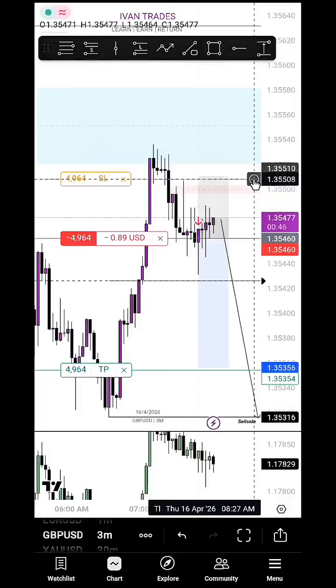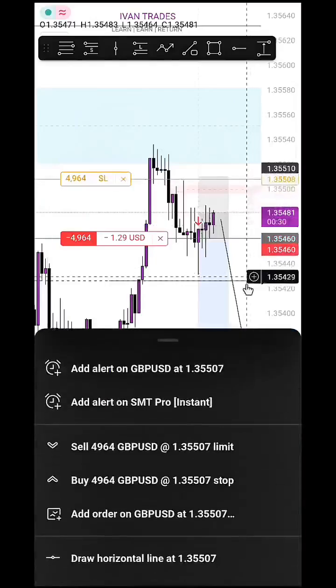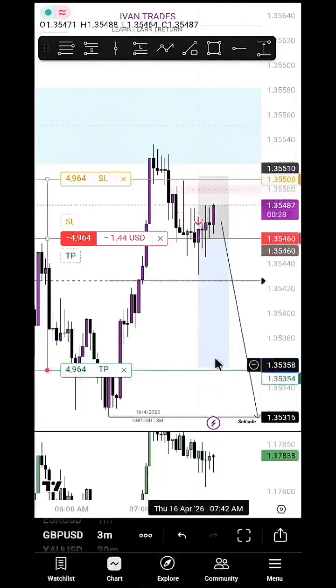I don't want to babysit this trade, so what I'm going to do is set an alert. I already set an alert at where I intended to reduce the risk.